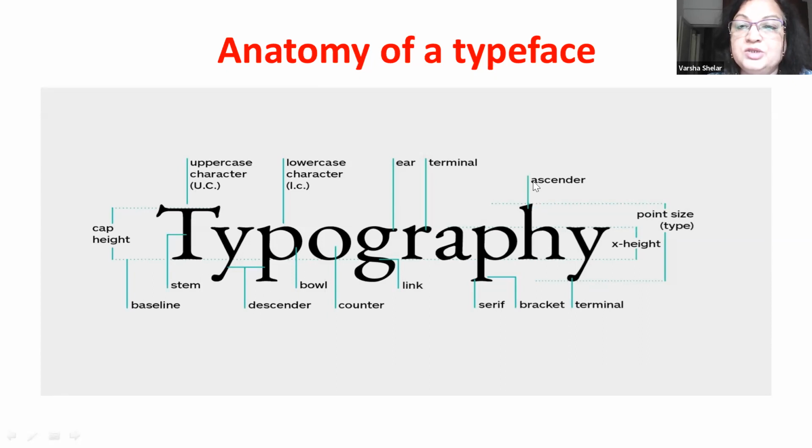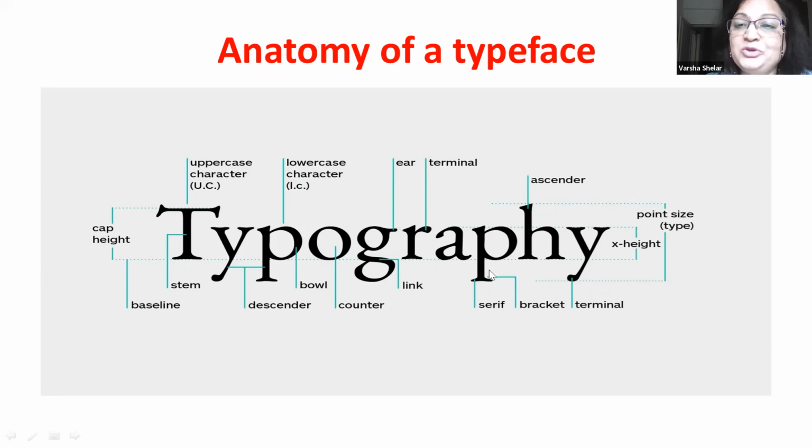Something that goes up is an ascender, something that comes down is a descender. All the small letters are lowercase characters. This is the bowl of the P, whereas this part of O is called the counter, right? The extended stroke of G is the ear, but the extended stroke of R is a terminal.